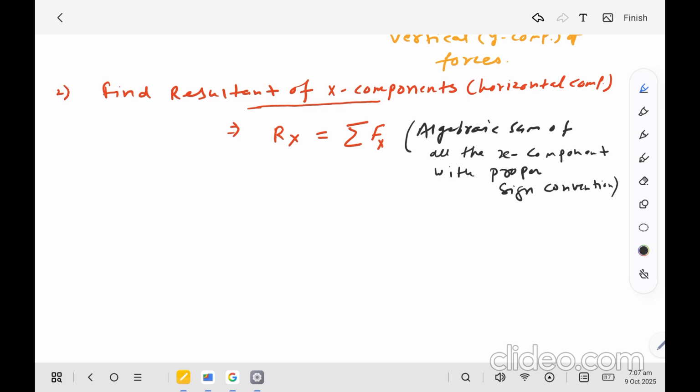So we will do algebraic sum of all the x components of the forces with a proper sign convention.